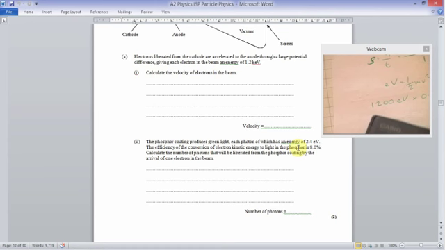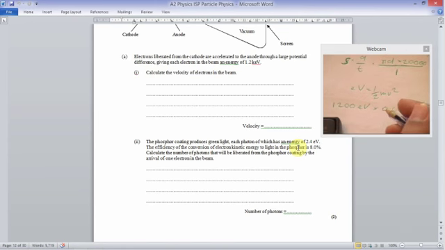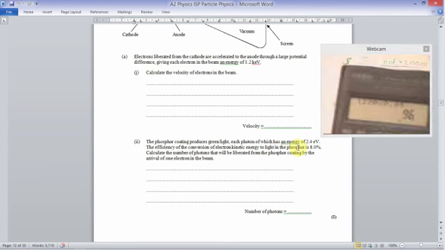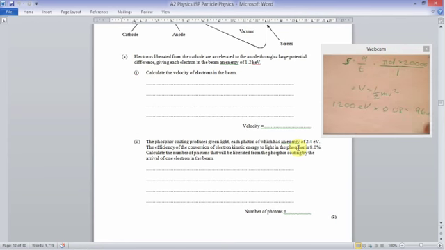So only 96 electron volts, let me show it to you on the calculator, only 96 electron volts are delivered actually to the phosphor.